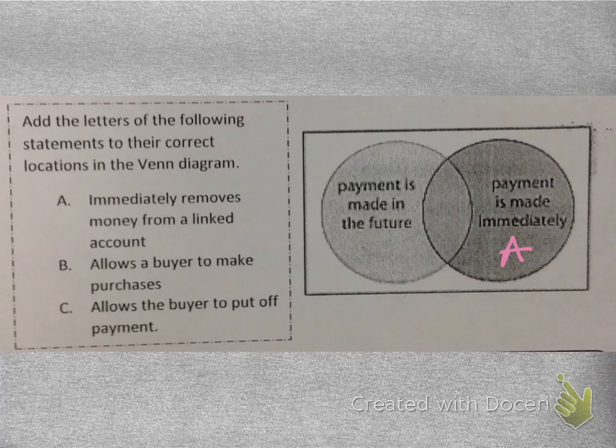Payment is made immediately. Allows the buyer to make purchases. Well, payment is made in the future or payment is made immediately, both of those allow the buyer to make a purchase. It allows the buyer to put off payment. That is, payment is made in the future. So we'll put a C there.